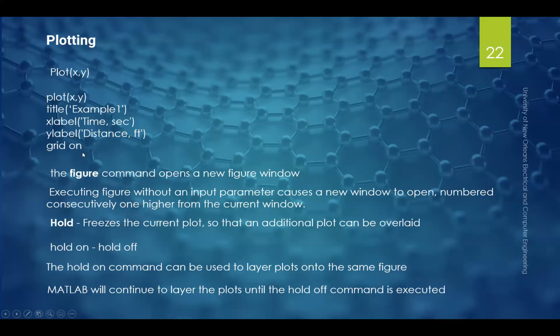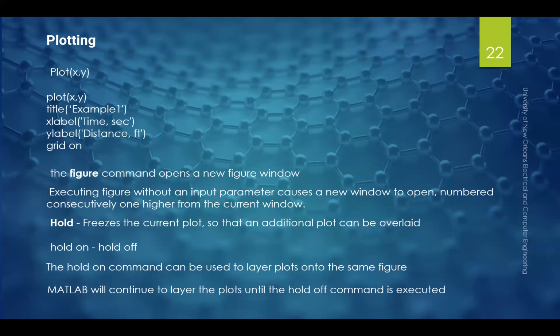And of course, grid on will keep the grid in the expression if you want to have a grid, right? So a couple of things to remember about plotting is that if I use the figure command, it'll open a new figure window. And every time it opens a new figure window, it's going to give it a new number by default.